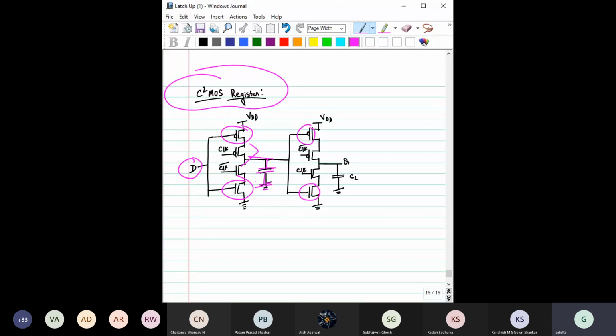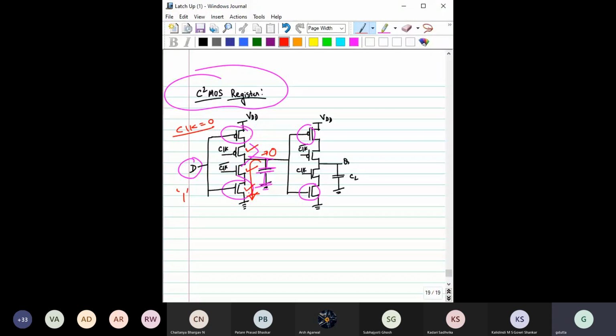Now, the operation of this circuit. Say D is equal to 1, and clock equal to 0. What will happen here? This is on, D is already 1, so this is on. So this capacitor has a path through which it can discharge, and the voltage of this capacitor becomes 0.